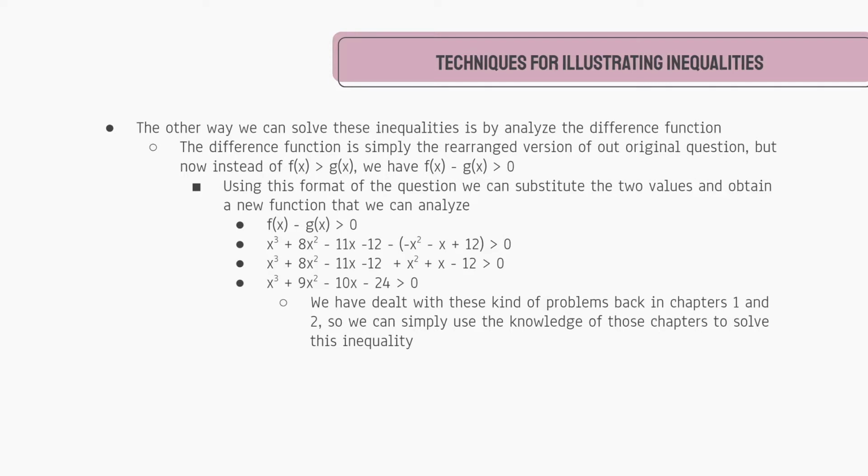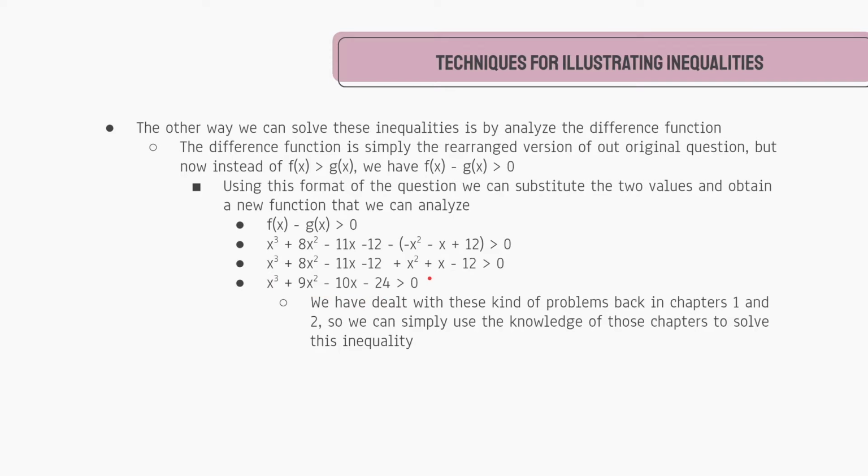So the way we obtain it is we honestly just move g of x to the other side and we get f of x minus g of x is greater than 0. So using this format, we can actually substitute the 2 functions that we had. So we're going to substitute f of x, and here's g of x, open the brackets, simplify, and we get a new function. This function is also a third degree polynomial.